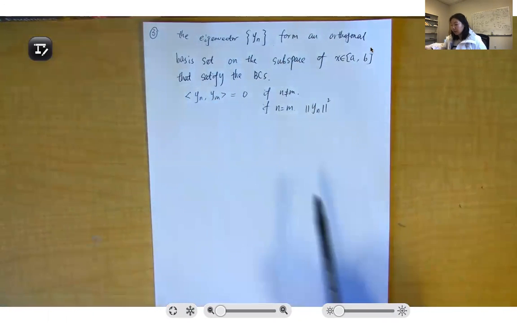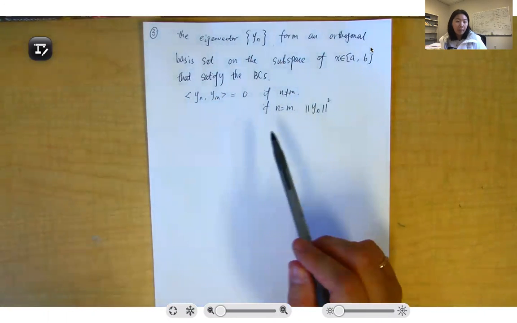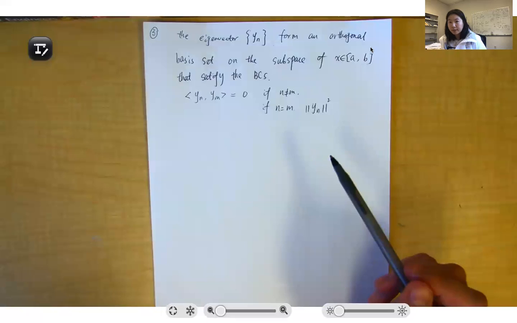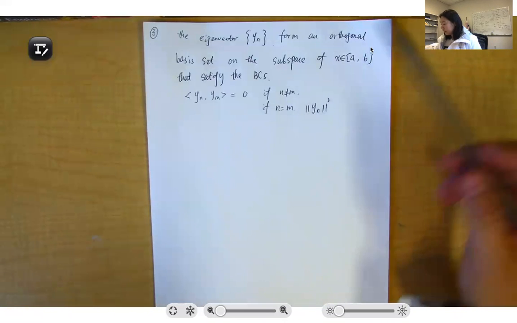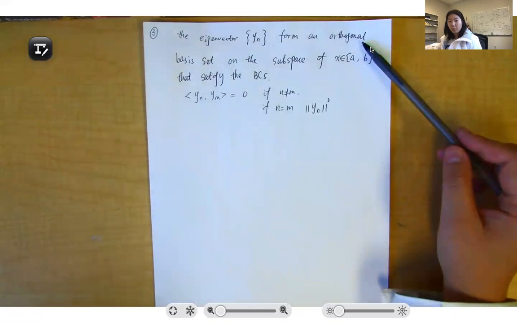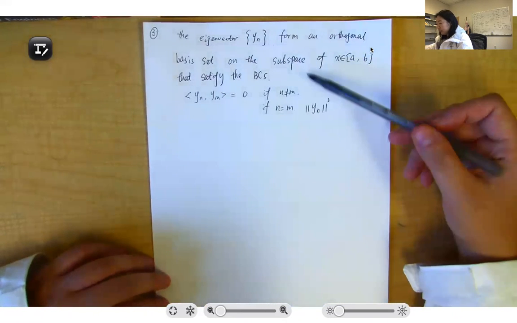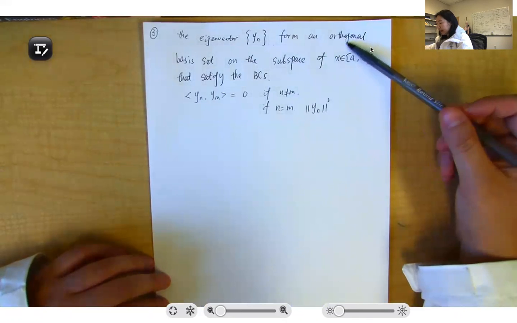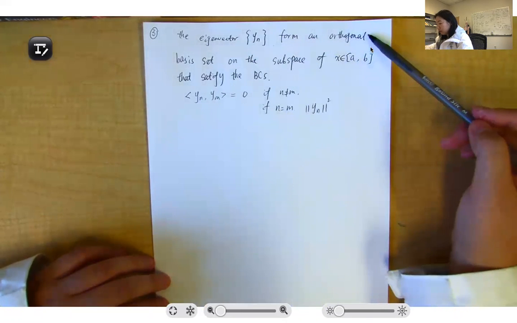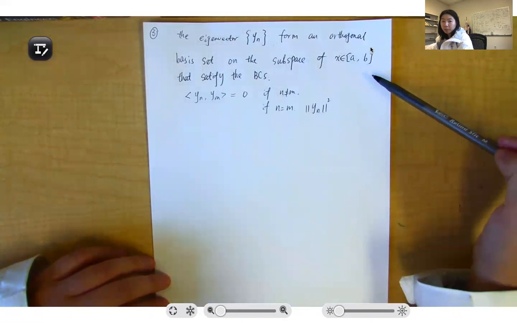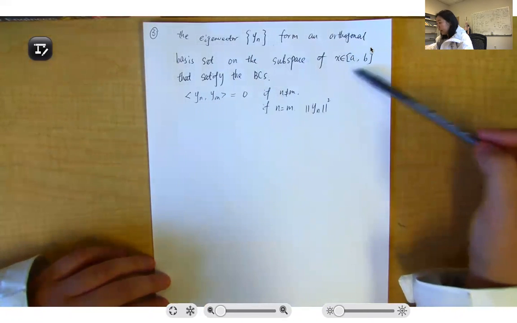So that is the orthogonal property, and we will make a proof later in the class of how we can prove that orthogonal property for the eigenvectors. But here we will just use the conclusion that the eigenvectors will form this orthogonal basis set on the subdomain of interest, which is between your boundary conditions A to B.